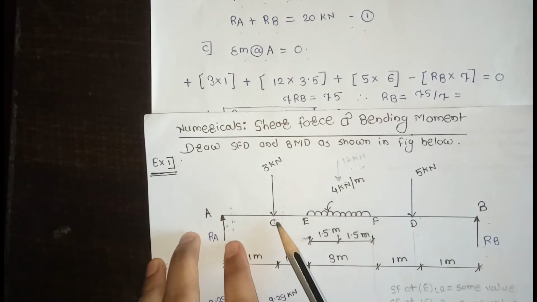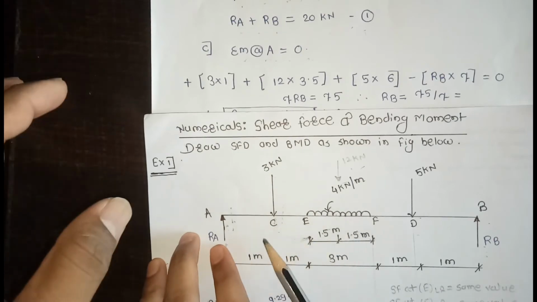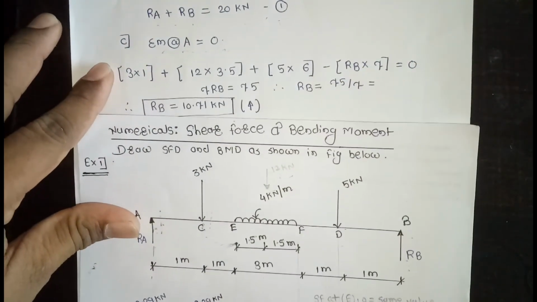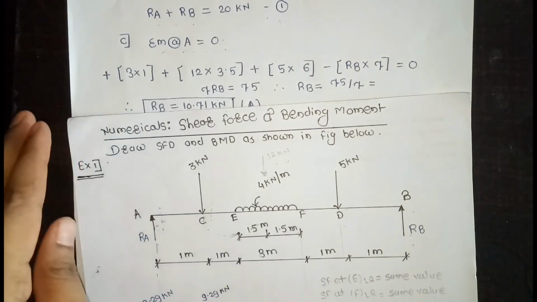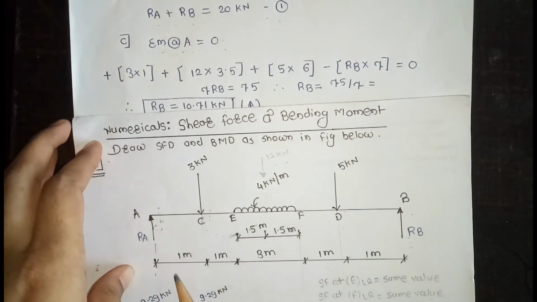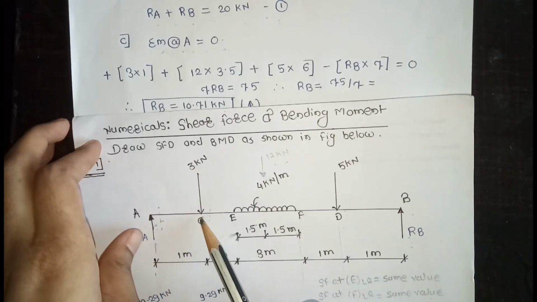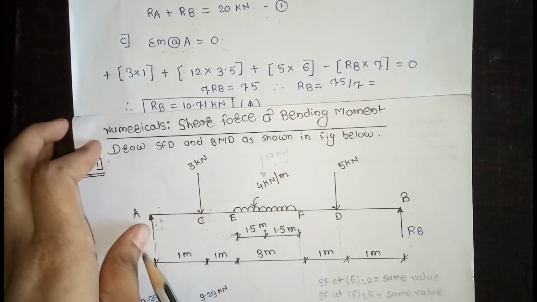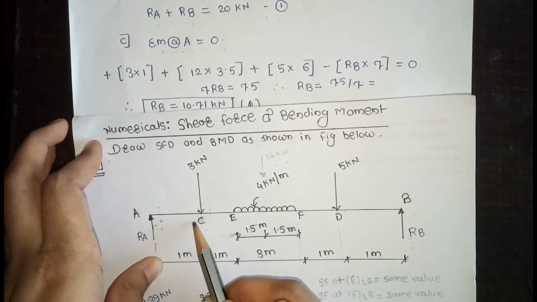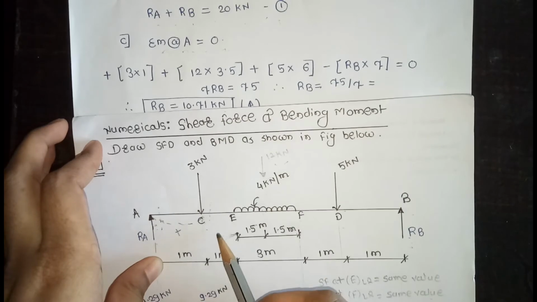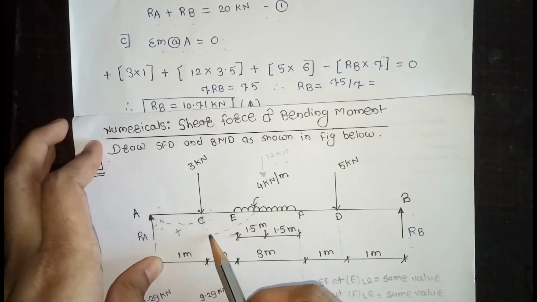So first of all, decide the rotations for these forces. First force, at C, 3 kN, is a downward force. Decide the rotation at point A. This is the clockwise direction, meaning plus. The UDL is a clockwise moment, meaning plus.